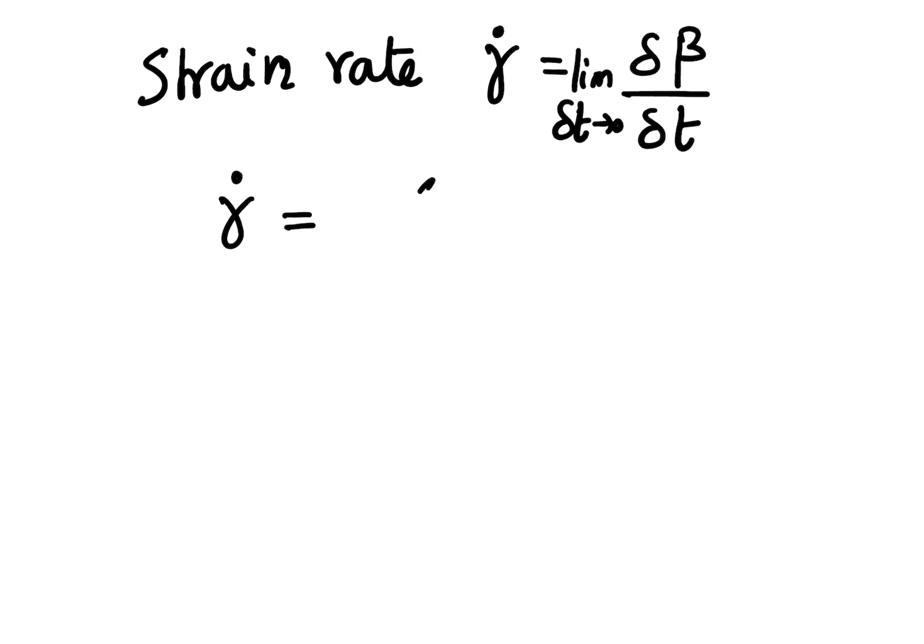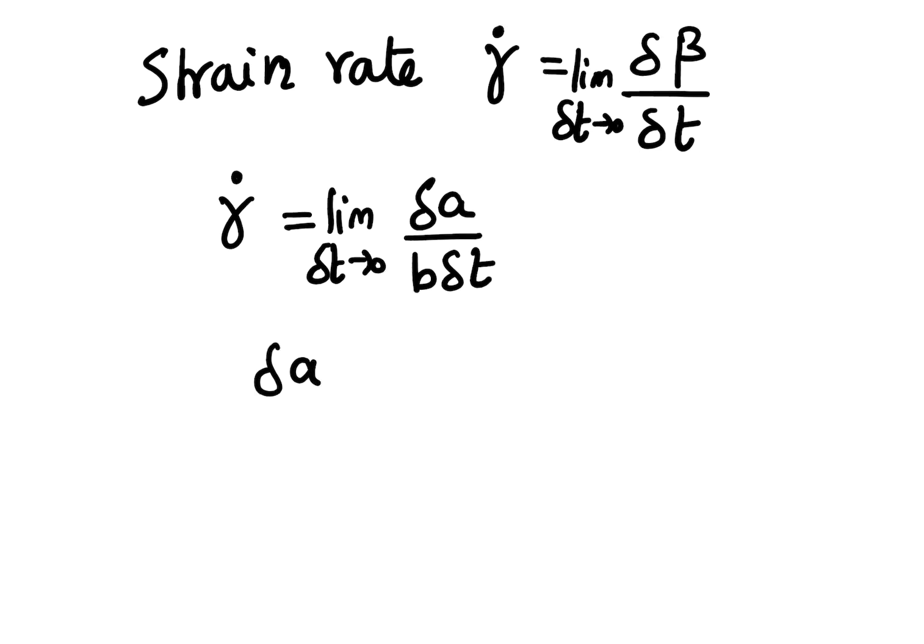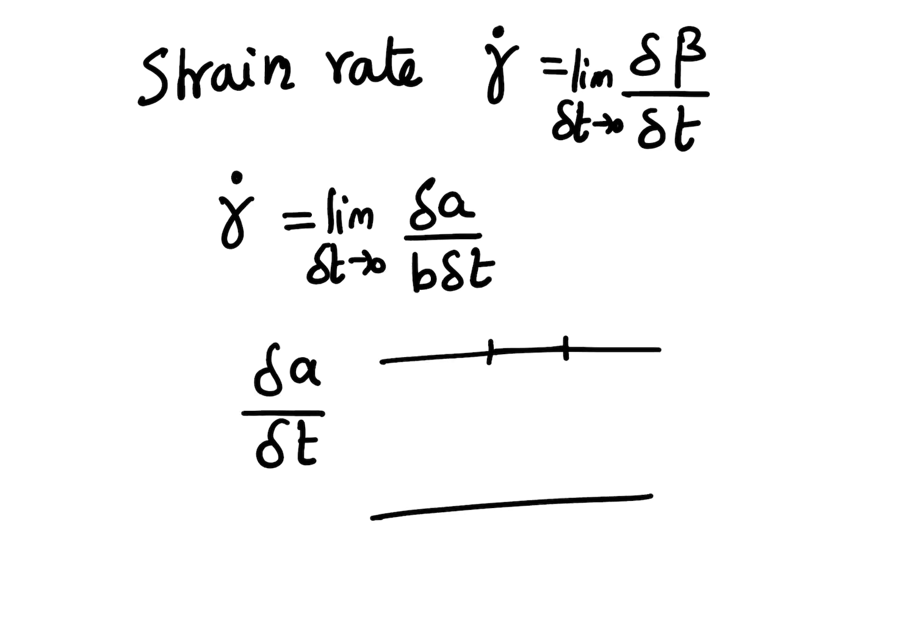Okay, if you do this, gamma dot is delta A divided by B times delta T in the limit of delta T going to 0. And delta A by delta T, if this is delta A, is the velocity with which this plate is moved, or the velocity with which the surface moves.